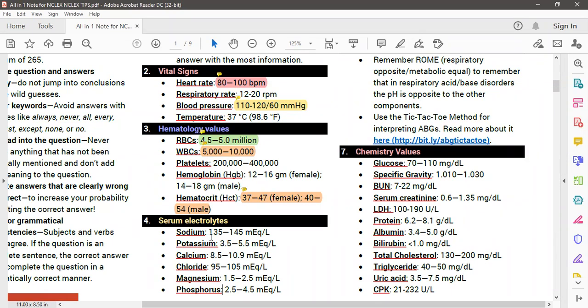Sodium maintains the body fluid level, and sodium is very important for our muscle and nerve function, right? So if anybody's sodium level is less than 135, we call hyponatremia. If it is more than 145, we call hypernatremia.